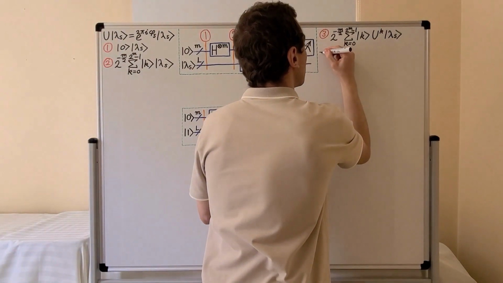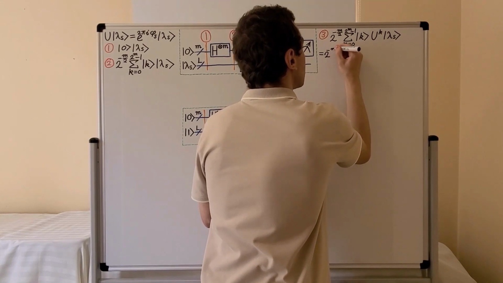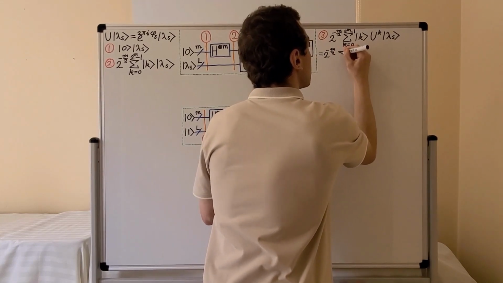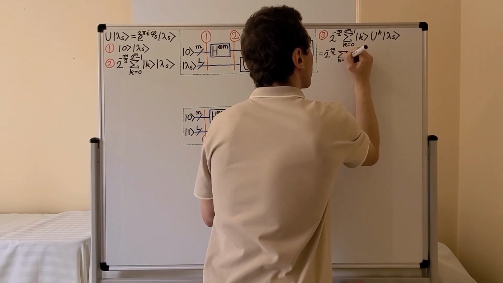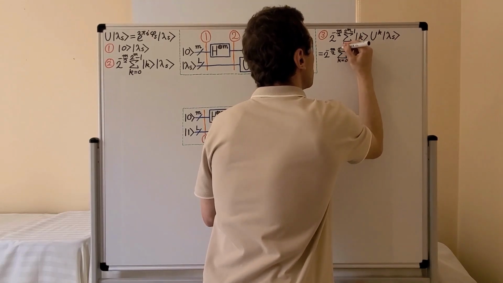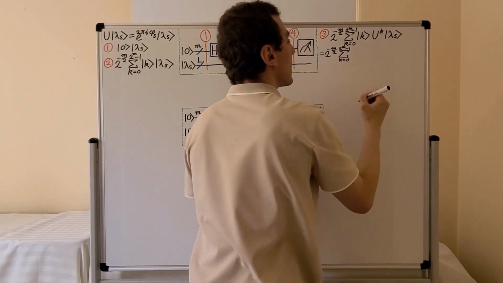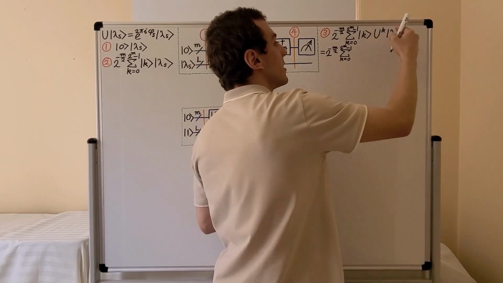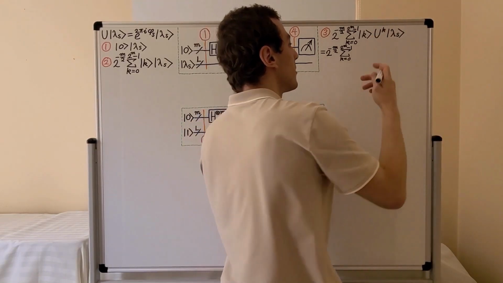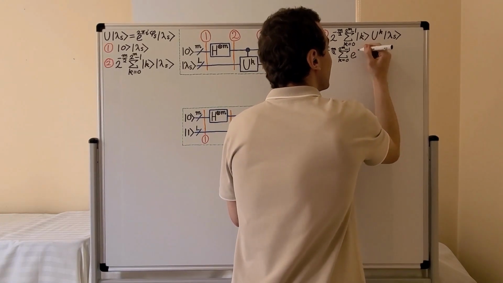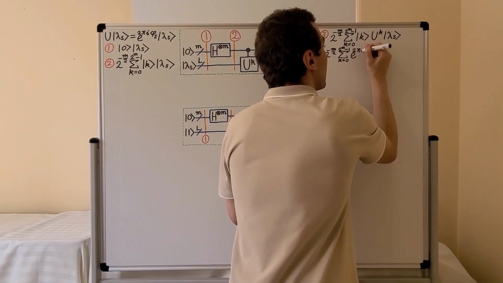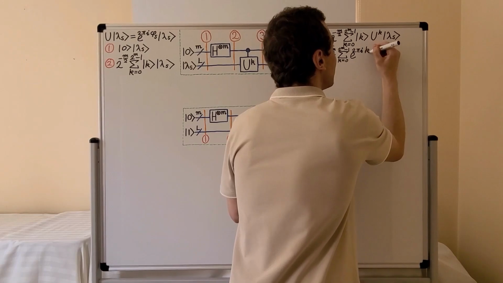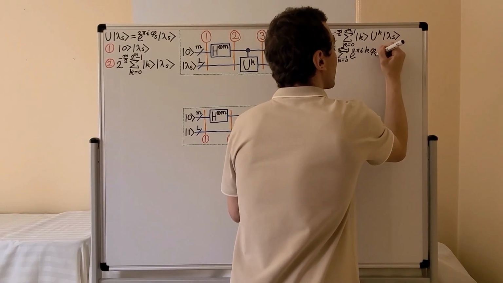We still have this superposition, so that's 2 to the minus m on 2, sum over k going from 0 up to 2 to the m minus 1. And then let's consider all of those factors that we get when we smush all the eigenvalues together. That's going to give us e to the 2 pi i k phi sub s.